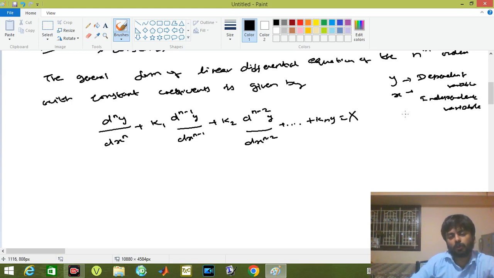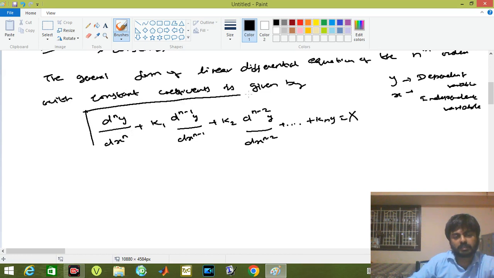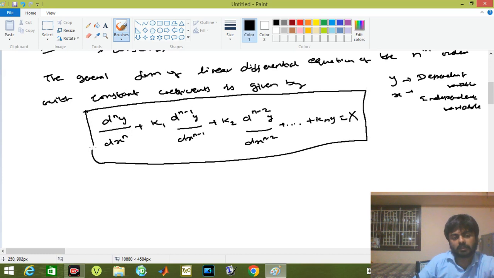So you get this structure. Now this can be further written in operator form. We call capital D the differential operator.